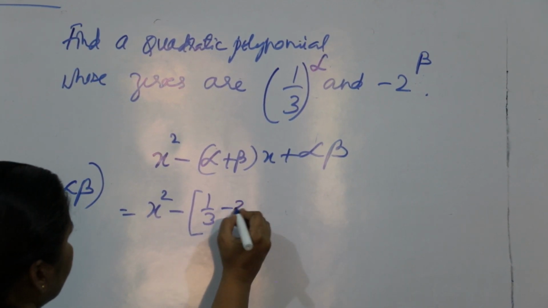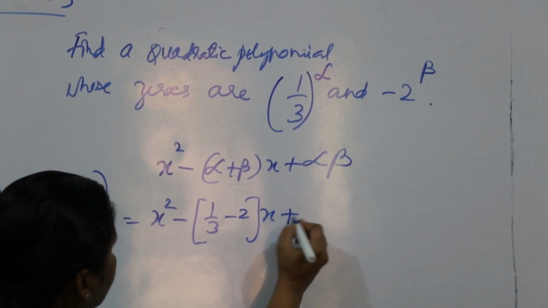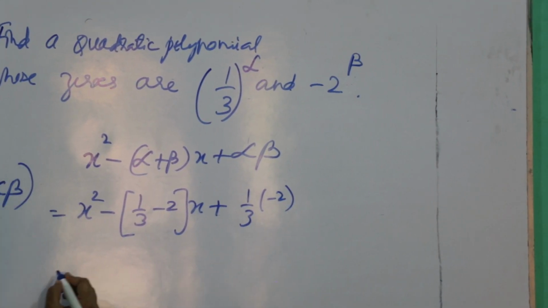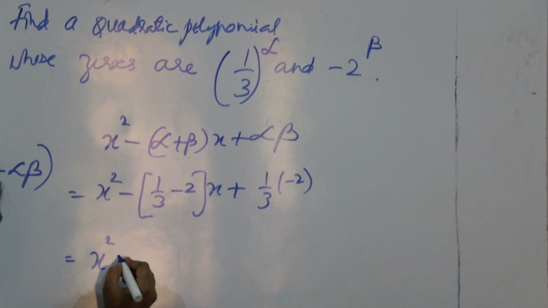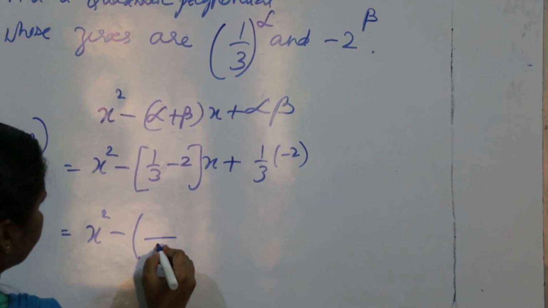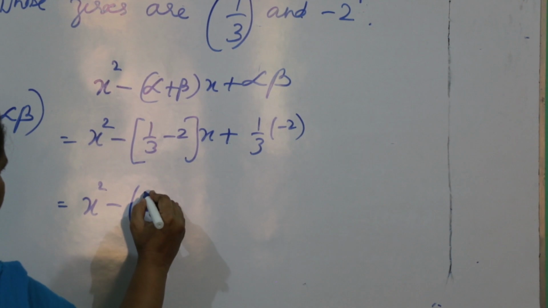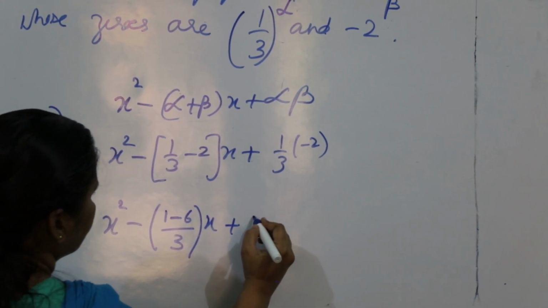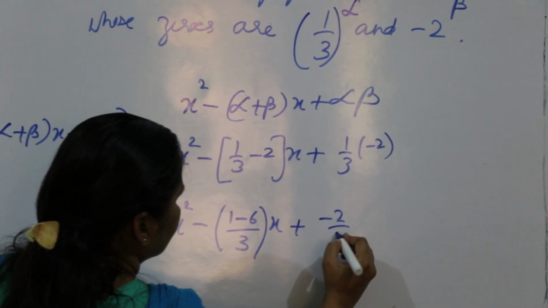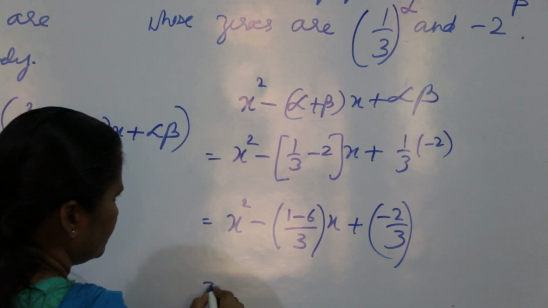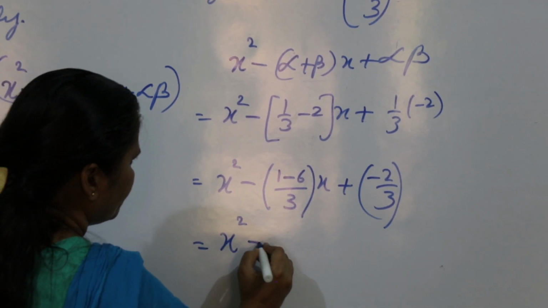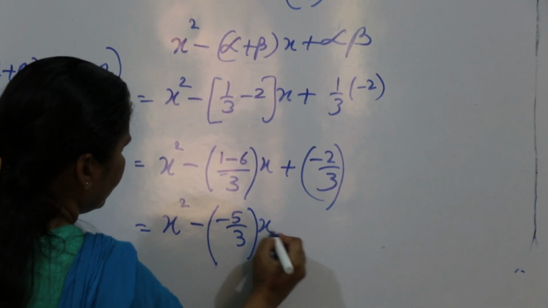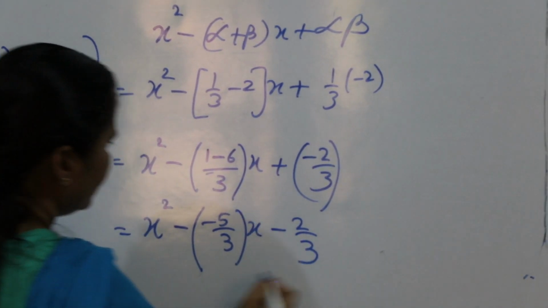What is beta? Minus 2. x plus, what is alpha beta? 1 by 3 times minus 2. So it is x square minus, now take LCM as we did before, 1 minus 6 over 3, x plus minus 2 by 3. Right? X square minus, this is minus 5 by 3 x minus 2 by 3.